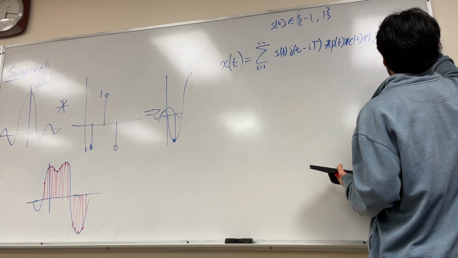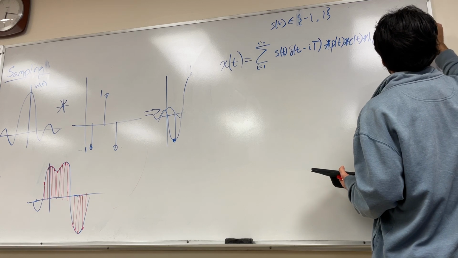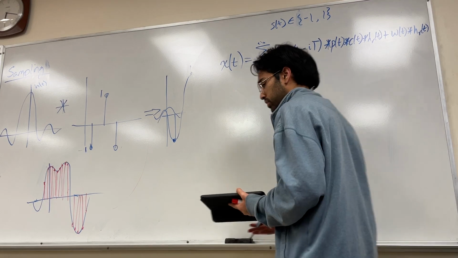So we'll call that the noise W, and on the receive side, it's W convolved with the receive filter.